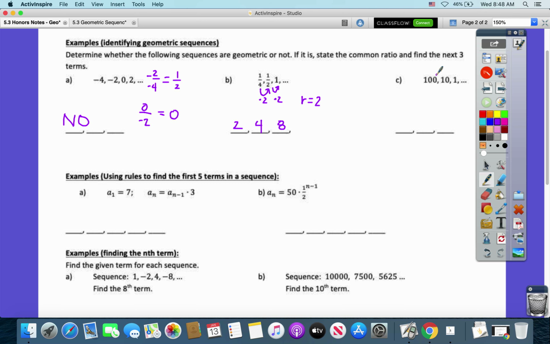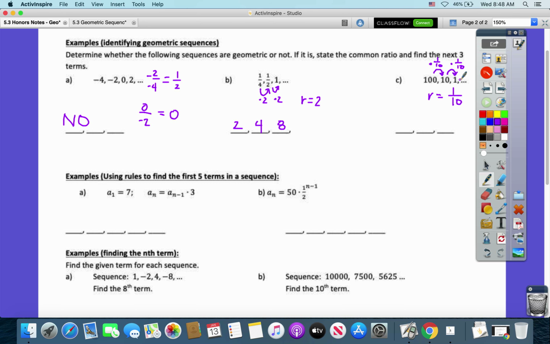Then the last one, 100 to 10 to 1. Each time we are dividing by 10, but we want to think of it as multiplying. So we are multiplying by 1/10, and then times 1/10 again. So we do have a common ratio of 1/10.